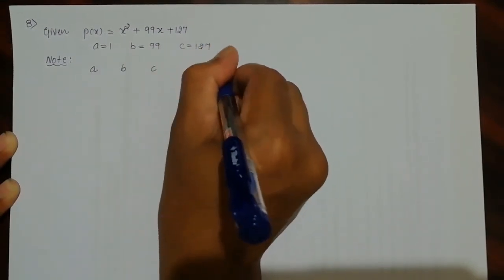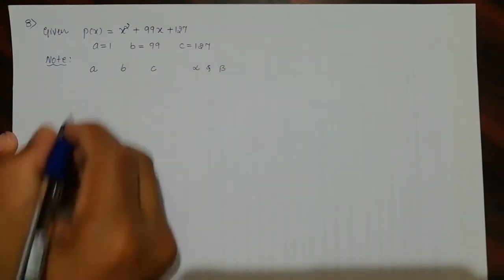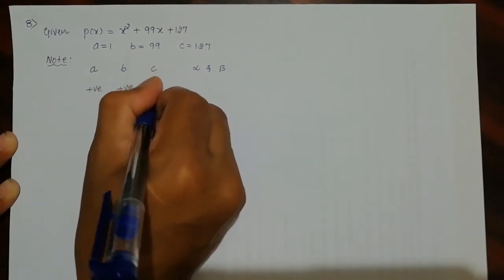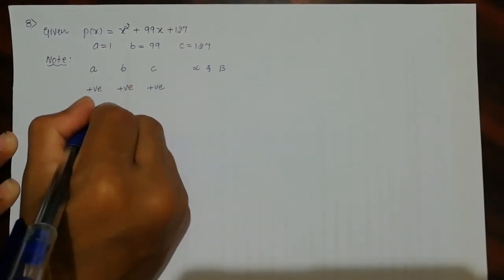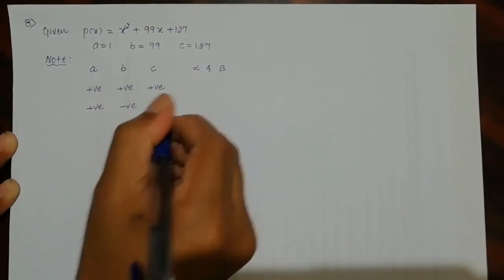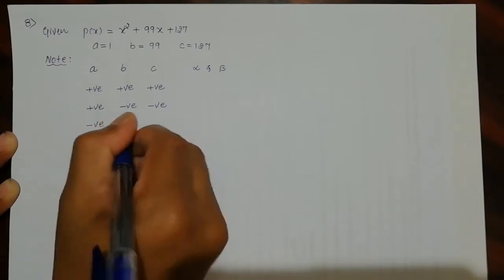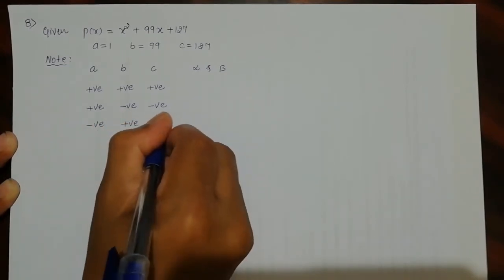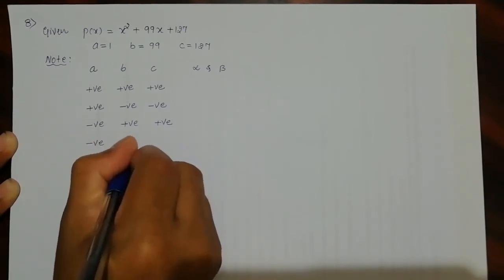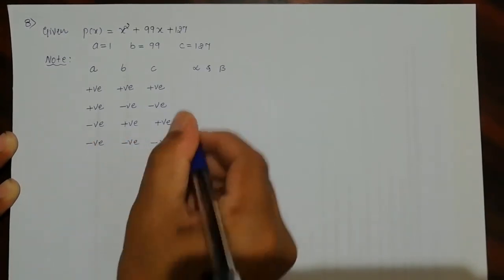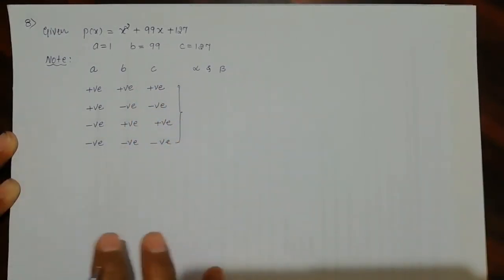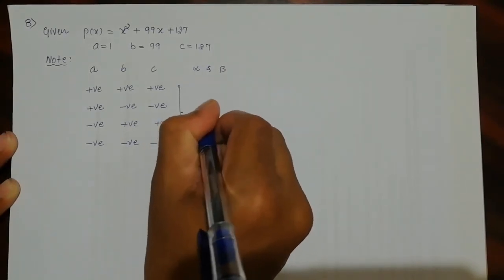If a is positive, b is positive, c is positive, or if a is positive, b negative, c negative, or if a is negative, b positive, c positive, and negative, negative, negative: in all these cases, both zeros are negative.